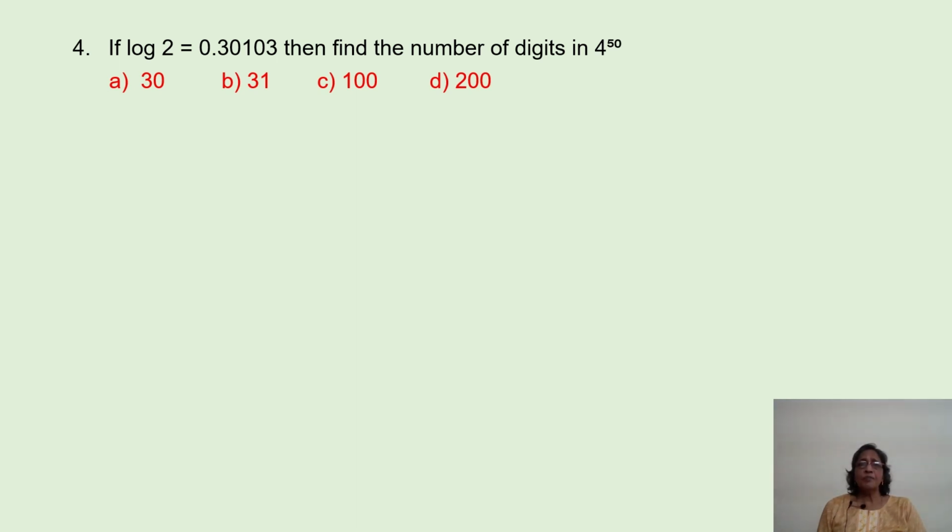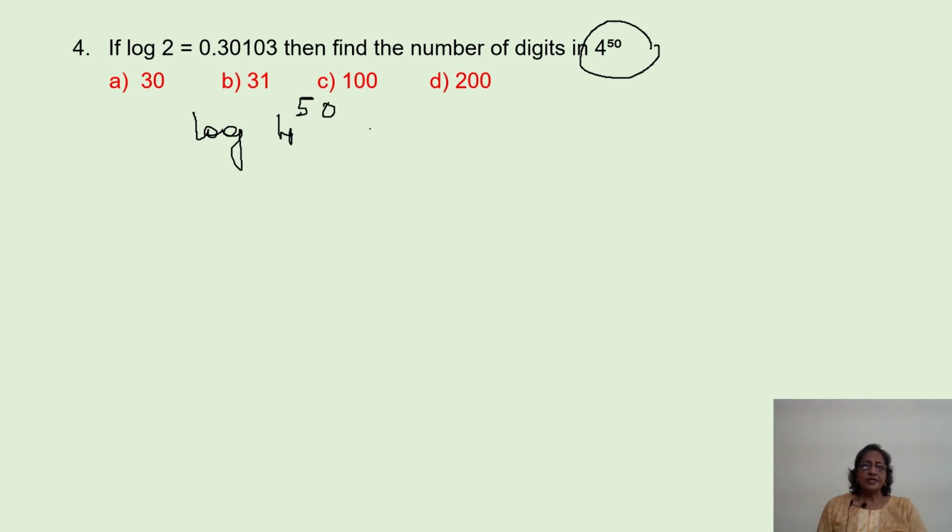Log 2 is given to you. Then find the number of digits. Now you need to find the number of digits in 4 raised to 50. So let's take the log of this number. And you'll understand why we are taking the log of this number.